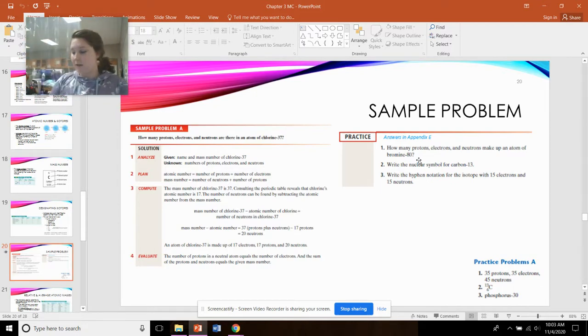So we subtract the 35 from 80 to get 35 protons, 35 electrons, and 45 neutrons. To get the neutrons, again, you subtract that proton number or the atomic number from the 80 to get 45. Now, given the periodic table, it has 35 protons, and unless it's written as a charge, you always assume that the protons and the electrons are the same.